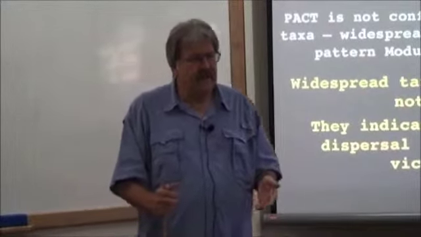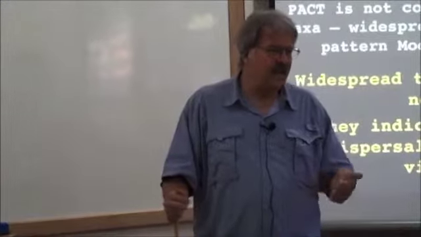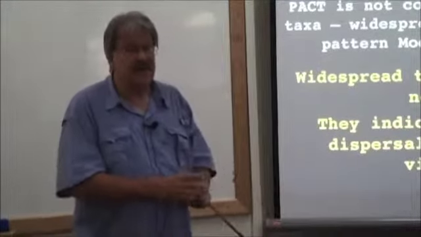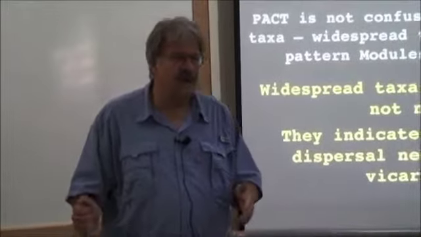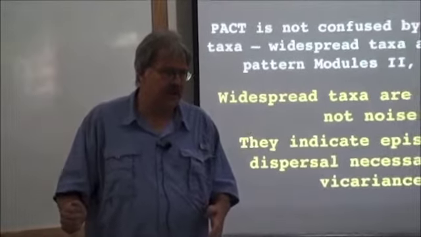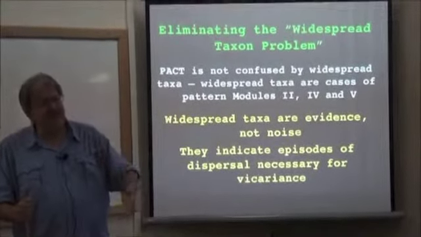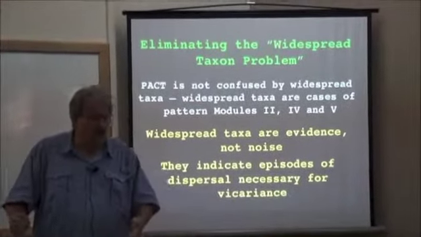It turns out that there are two mistakes in that. The first is that dispersal, widespread taxa are evidence. They're not noise. They're not epiphenomenal. They're actually part of the explanation. And our own examples in The Nature of Diversity show that dispersal is really important.